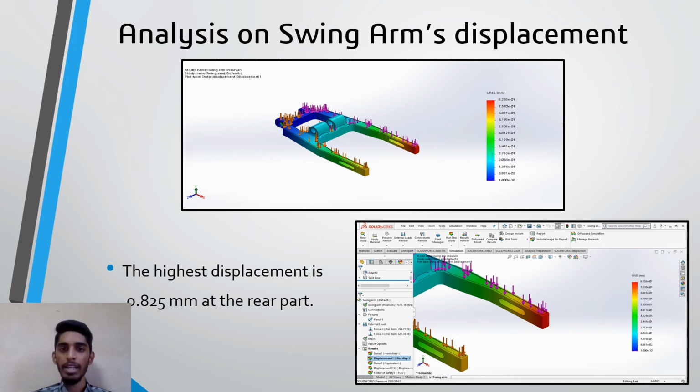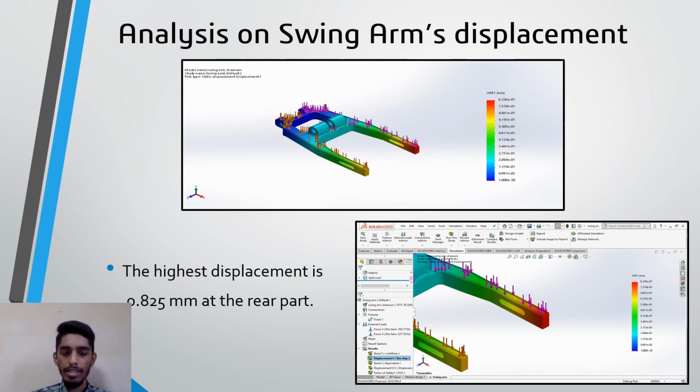which is very low, since it is fixed at that end. The most critical part in the swing arm is the rear axle at the back of the swing arm. As you can see in the second picture, it is colored in red, where the highest displacement is 0.825 millimeter.